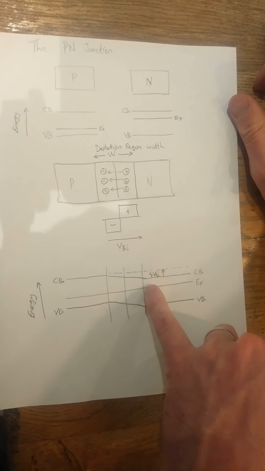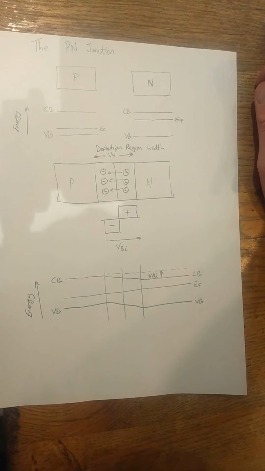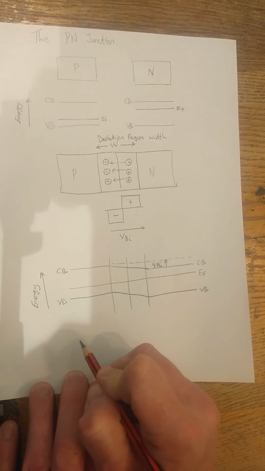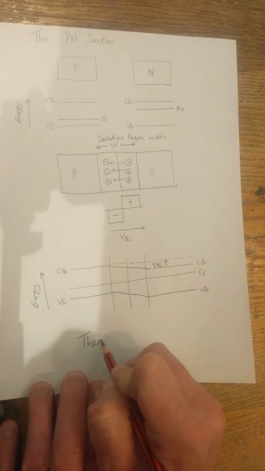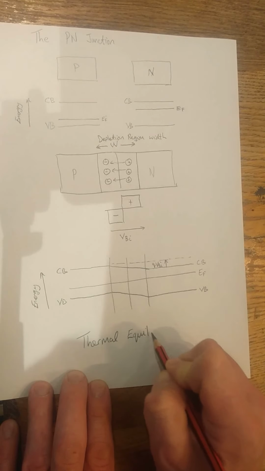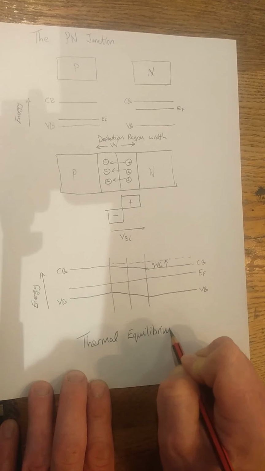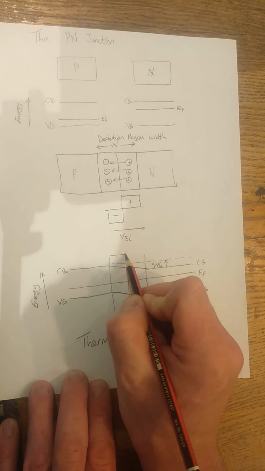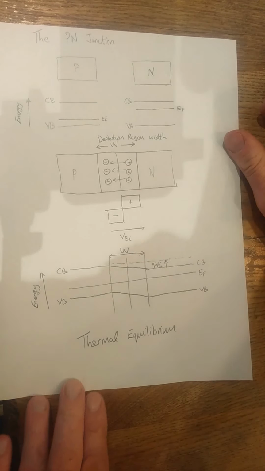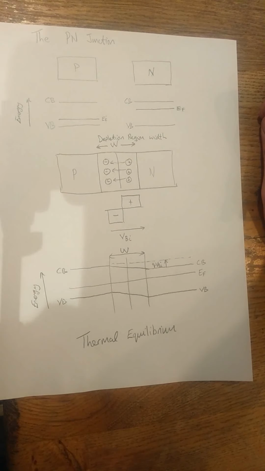And the only way you can do that is to have an applied potential, which I will cover when we reach forward bias. But basically, this is in thermal equilibrium. And again, this parameter is W, your depletion region width.